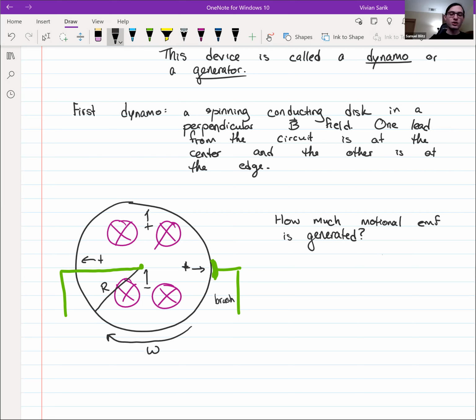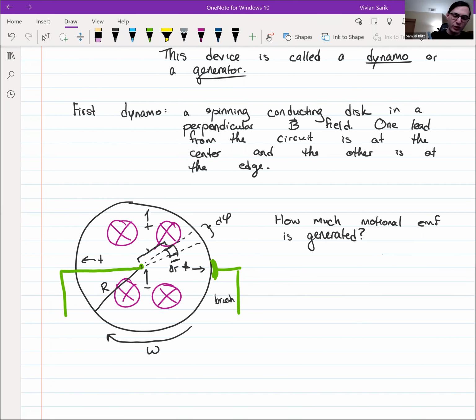The way we handle this is we're going to consider a small chunk of our disk that takes up an angle d phi, has width dr, and is located at position r away from the center.